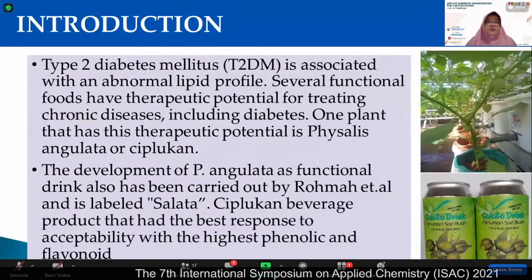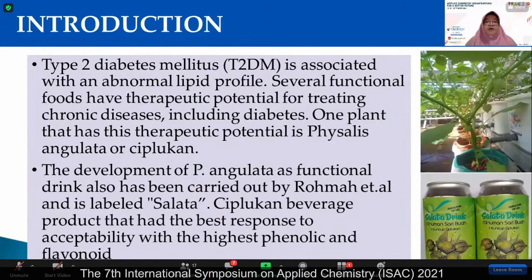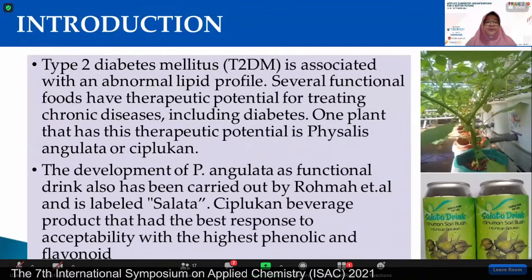Type 2 diabetes mellitus is associated with an abnormal lipid profile. Several functional foods have therapeutic potential for treating chronic diseases, including diabetes. One plant with this therapeutic potential is Physalis angulata or Ciplukan.